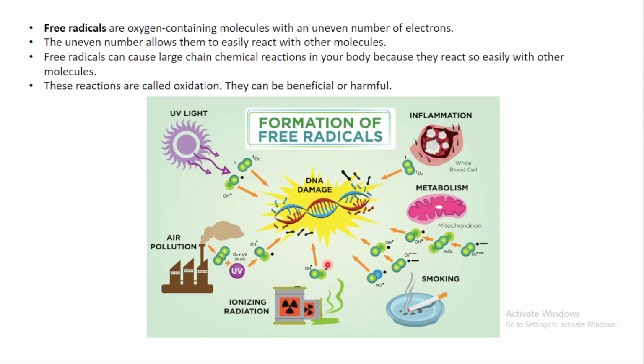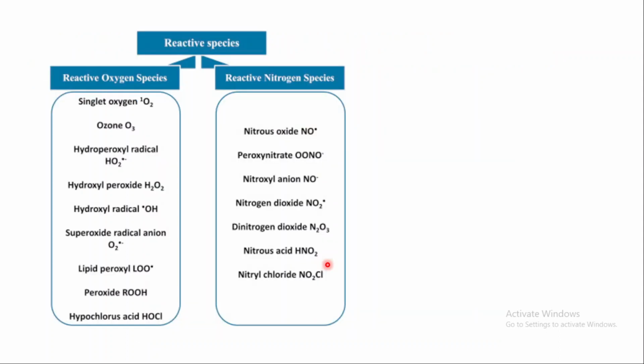That's why we take so many antioxidants in our diet to reduce the harmful effect of oxidative stress. Tomato and pomegranates are very good antioxidants we take in our diet to reduce the harmful nature of free radical oxygen species.